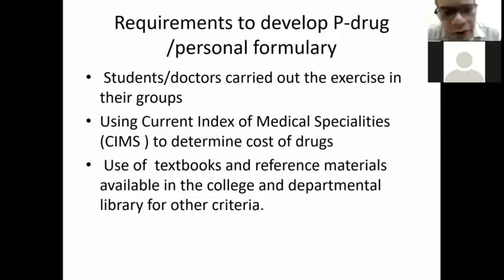But use the textbooks and reference material available in the college and departmental library for the other criteria. Even sometimes the textbook does not give the source detail, so we can go for reference materials like Goodman and Gilman, Martindale, available in the college and departmental library.